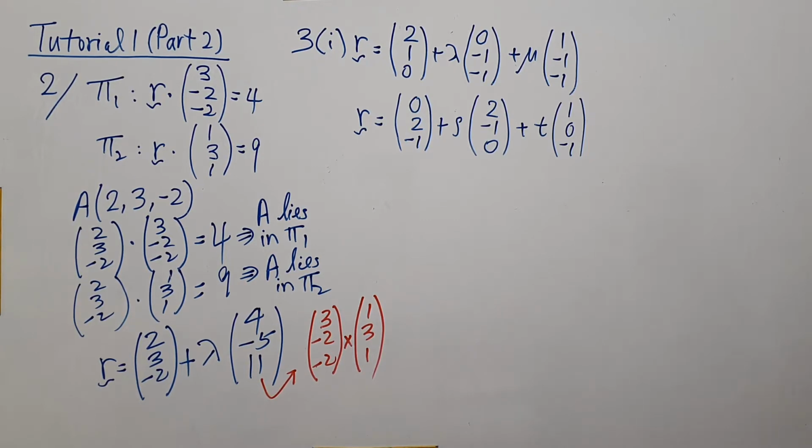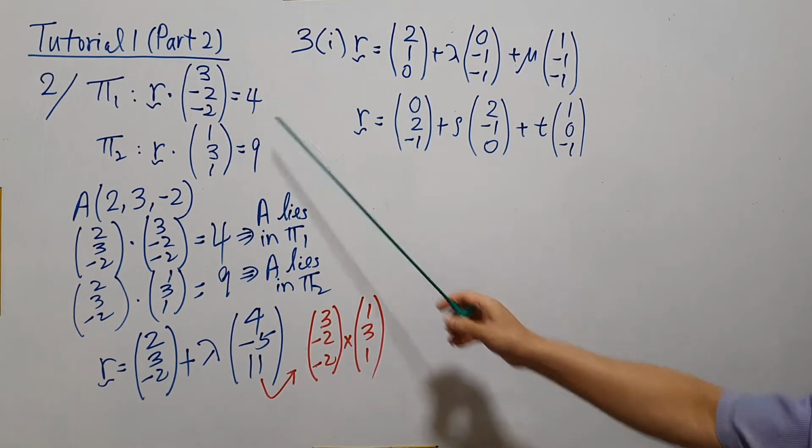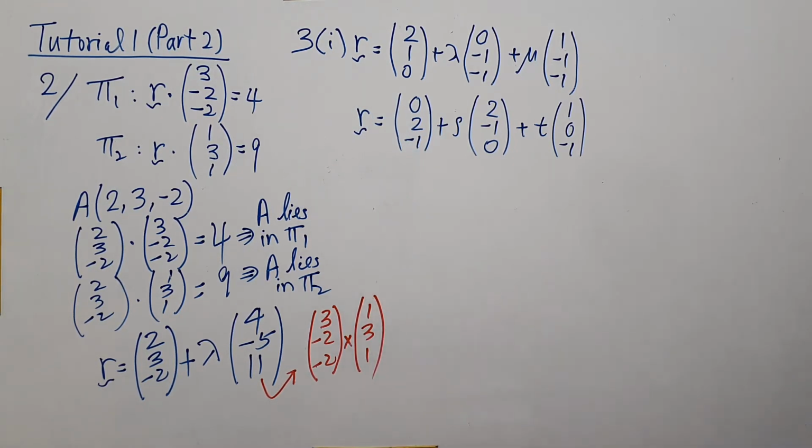However, what's different here is the equations of the two planes are given in the parametric form. Of course, I could potentially convert this into the dot product form, and then find the intersecting line between the two planes, like what I have been doing all the time.